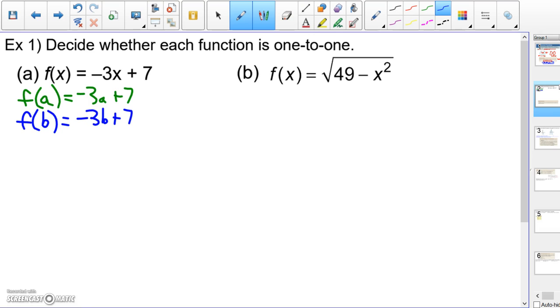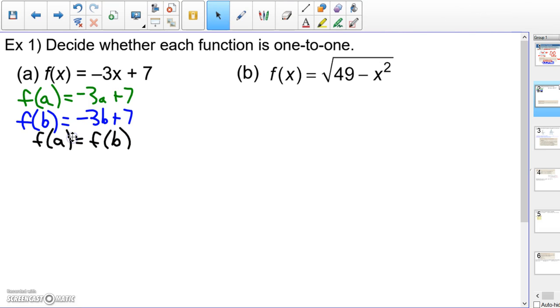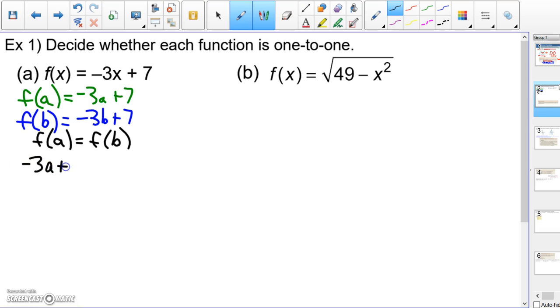So what that statement says is let's just assume that we've got f of A equal to f of B. F of A was negative 3A plus 7, and f of B was negative 3B plus 7. So we assume that those two things are equal. And let's see what happens.